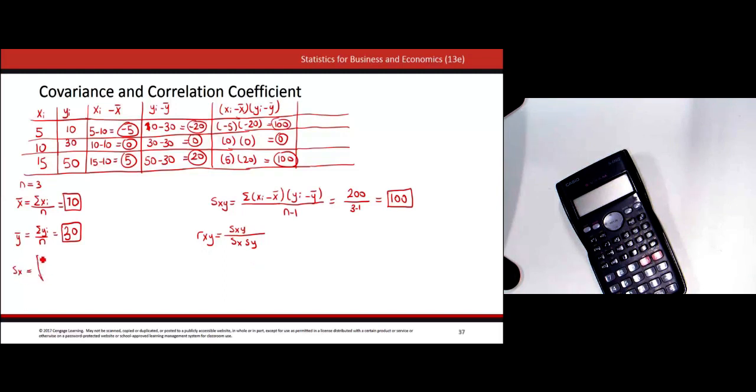It is the square root of the variance, the sum of xi minus x bar squared divided by n minus 1. Same thing for sy, using the y values, yi minus y bar. Since we have two variables, we calculate the mean and the standard deviation for both. We already calculated xi minus x bars and yi minus y bars, so to calculate the standard deviation, we can simply square these.